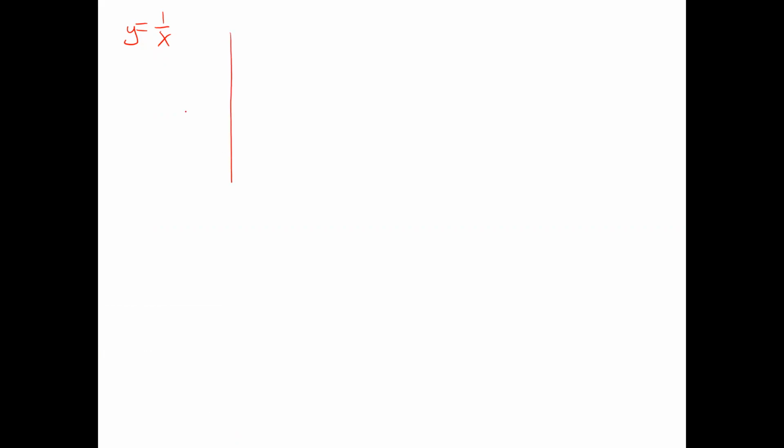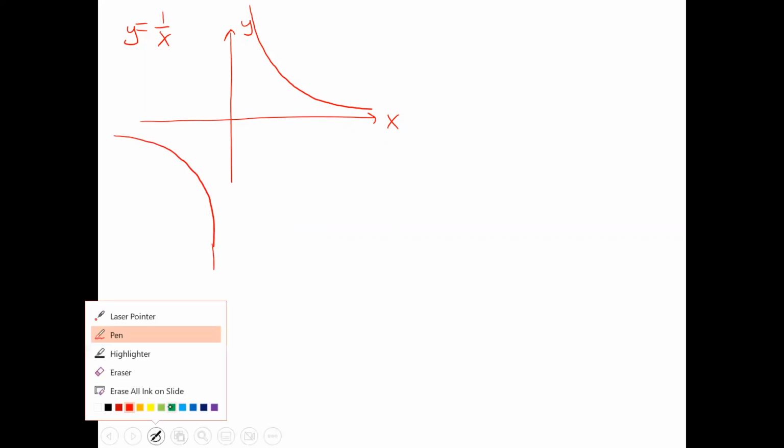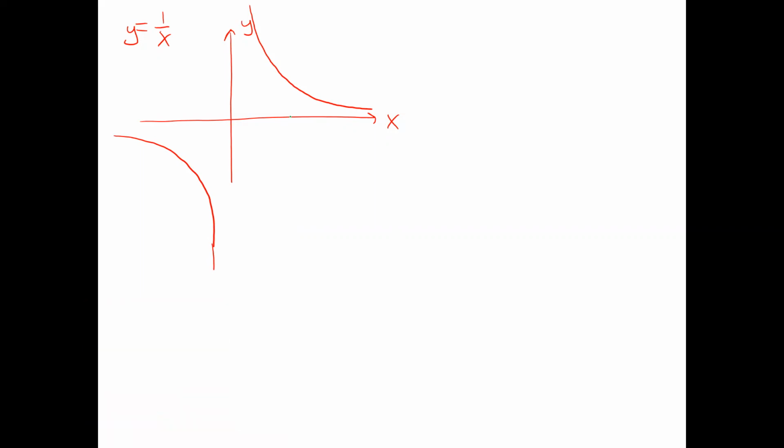First, we need y and x axes with arrows in one direction, and the function 1 over x looks like a hyperbola in the first and third quadrants.